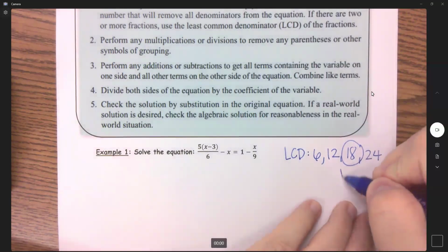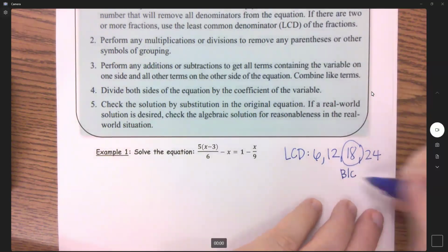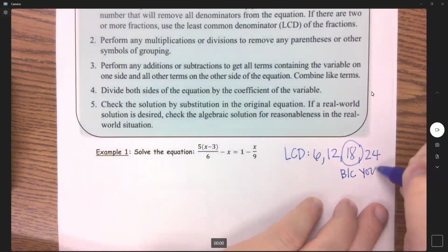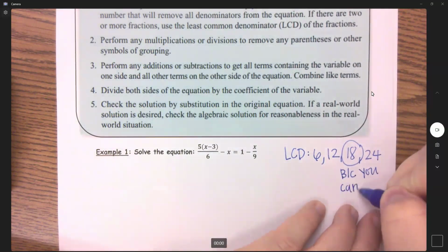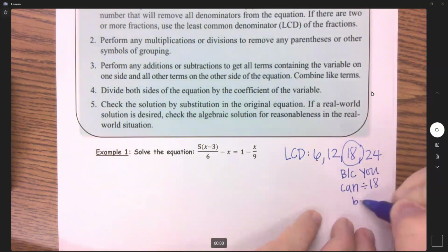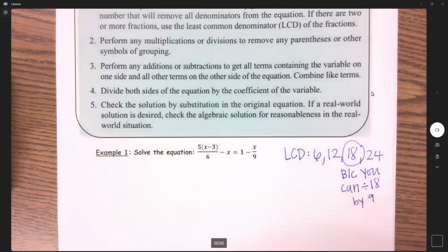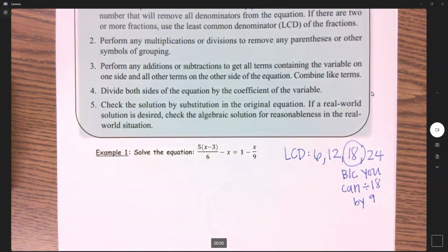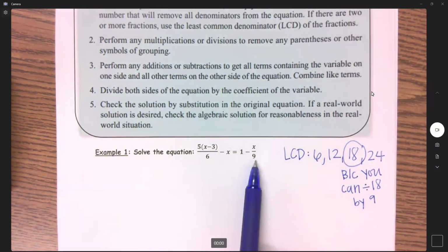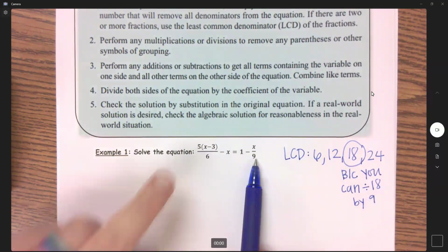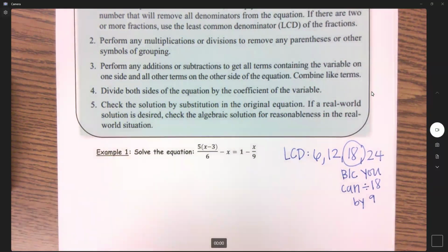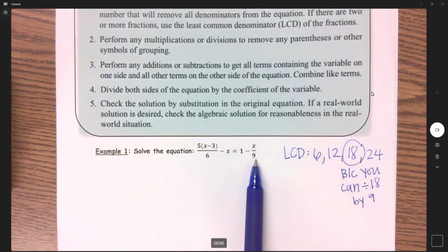I'm going to make a little note, because you can divide 18 by 9. Okay, now you can go the other way too. If you list your multiples of 9, we have 9, 18, and 6 can divide into 18. So it really doesn't matter which one you use. If you do use the bigger number, you don't have to list as many.